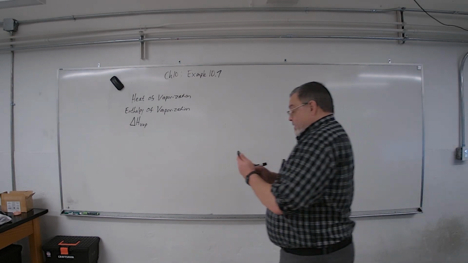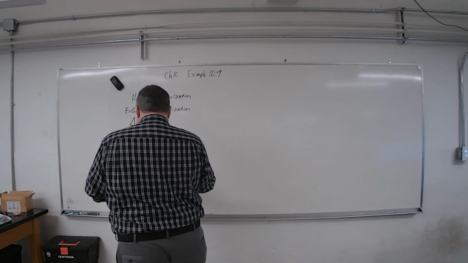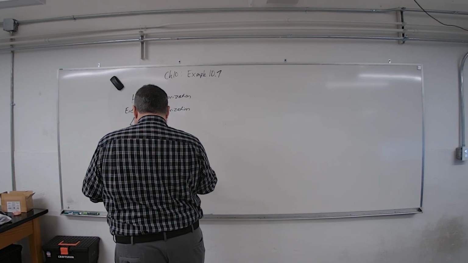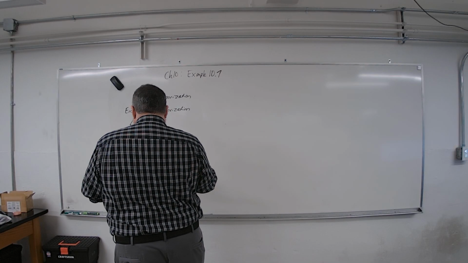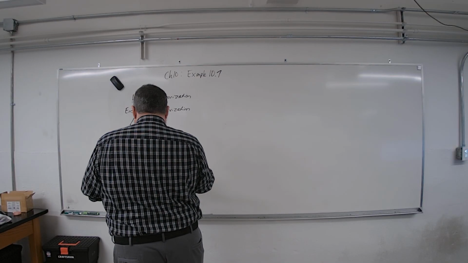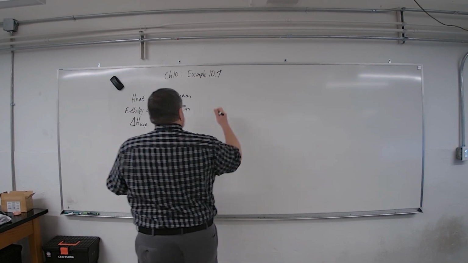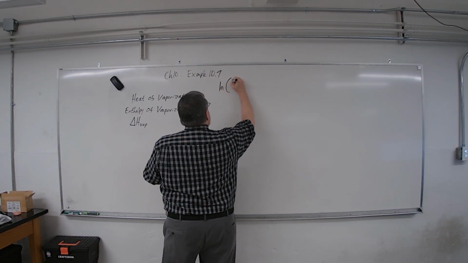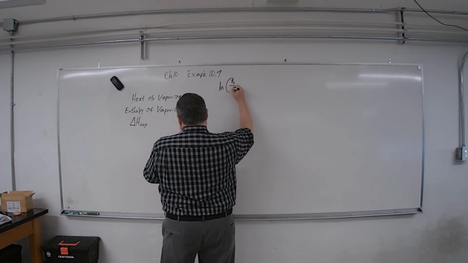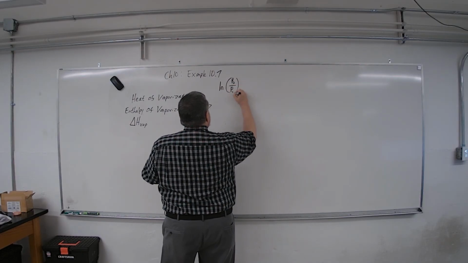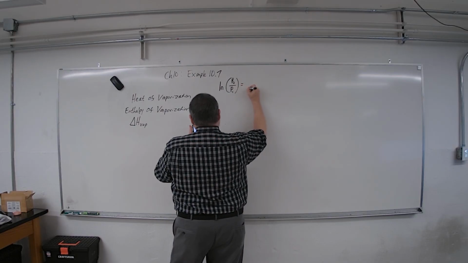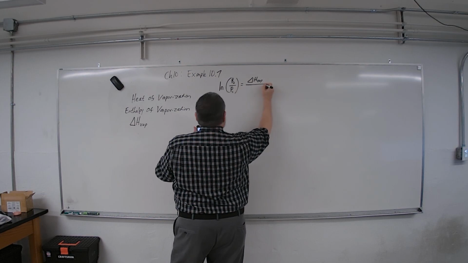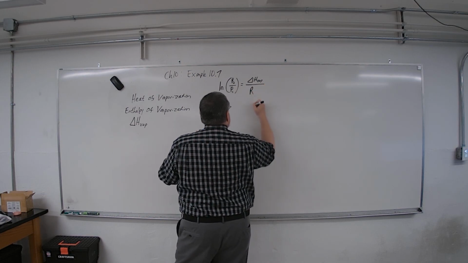So I wanted to write this down. I could call this the Clausius-Clapeyron equation, but really it's a slightly different form. Natural log, I won't tell you where this comes from. It's pretty complicated. You would have to take an advanced thermodynamics class to see where this equation comes from. Delta H vaporization. R is the gas constant.